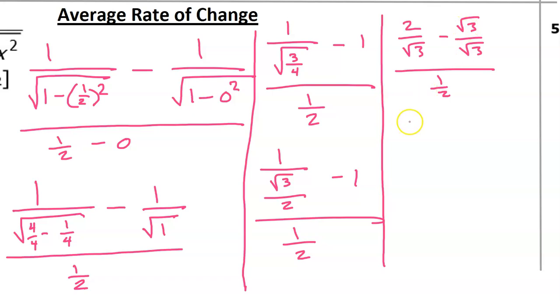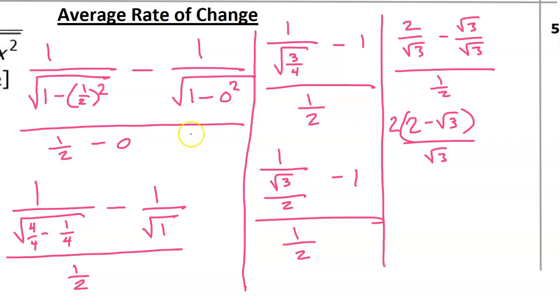Combining these, I have 2 minus radical 3 over radical 3. And I was about to write divided by 1/2, but let's go ahead and say when you divide by a fraction, you multiply by the reciprocal. So let's go ahead and multiply by 2. So I'm going to multiply by 2 like this.